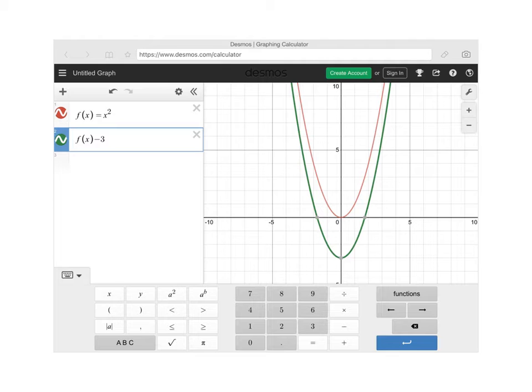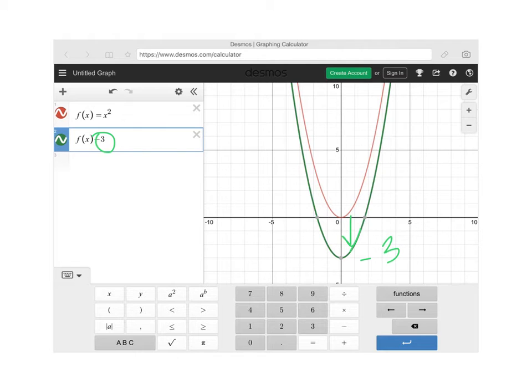Okay, so I noticed I have a subtract 3 here, and look, my parabola, the vertex on my parabola, my y-intercept, actually moved down 3 units. It's 3 units lower than what it was, which makes sense to me because I'm subtracting 3, which is going to change the vertex, it's going to shift it down 3 units.